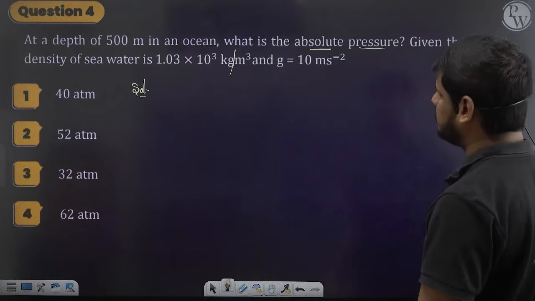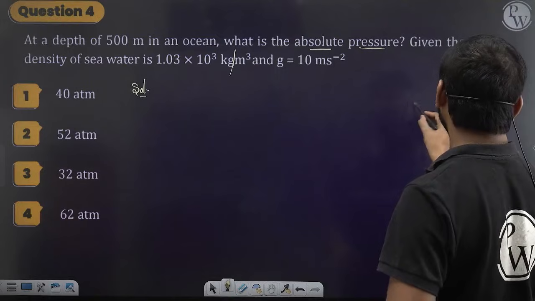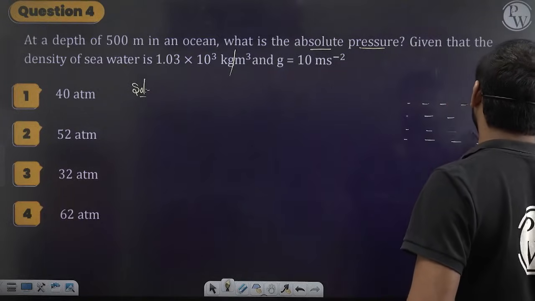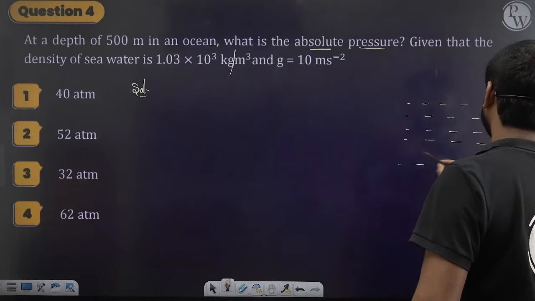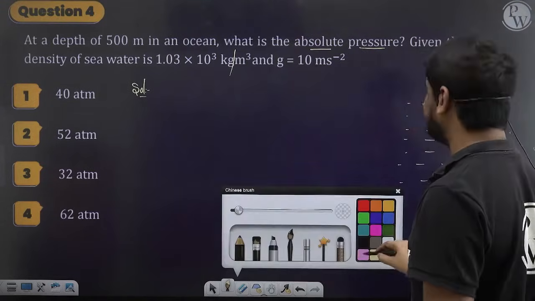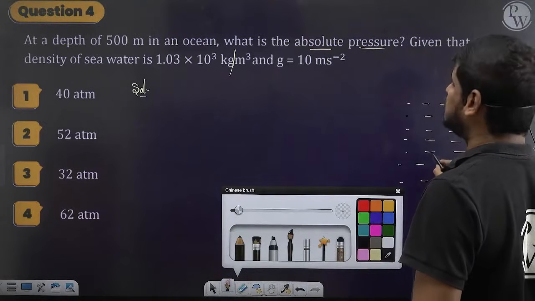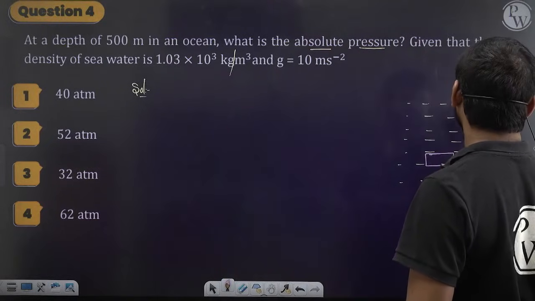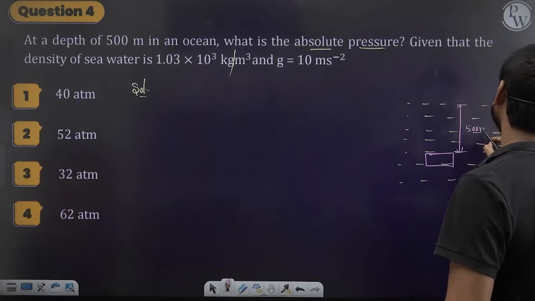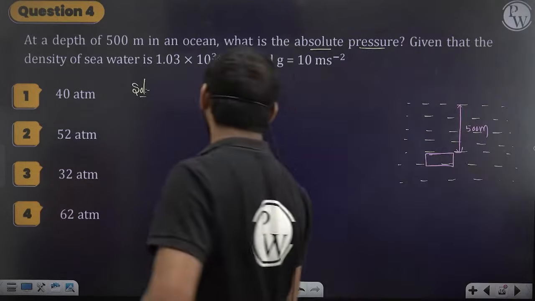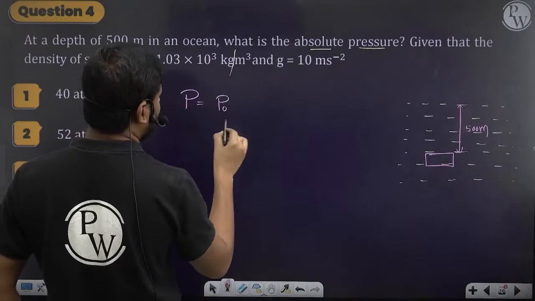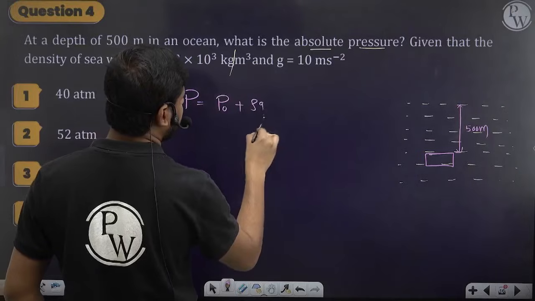So G value. See here, this is an ocean. At a depth of 500 meters, an object is placed here. So this height is 500 meters. Obviously the pressure increases. What is the total absolute pressure they are asking? P is equal to P naught plus rho gh, right?